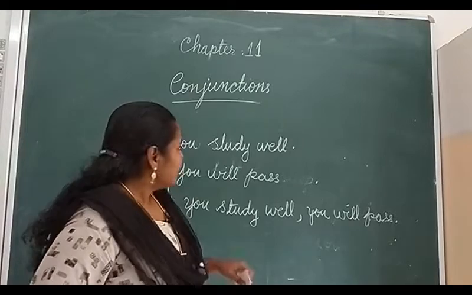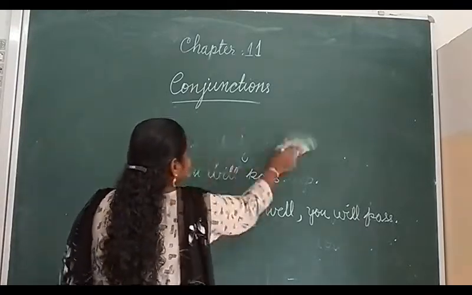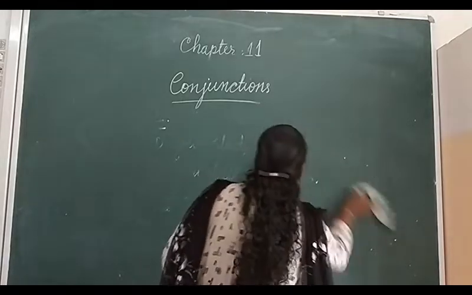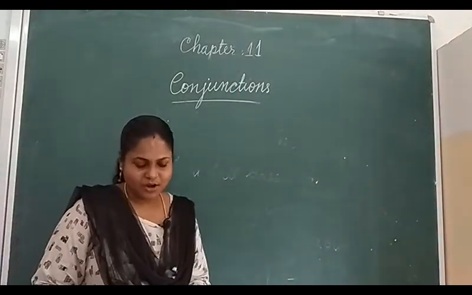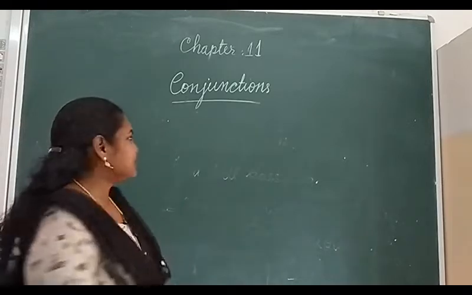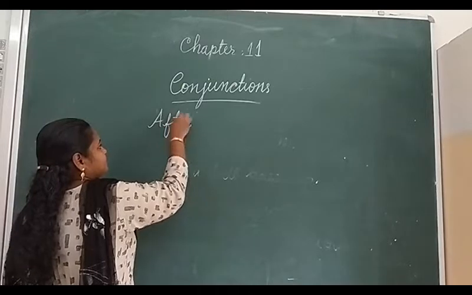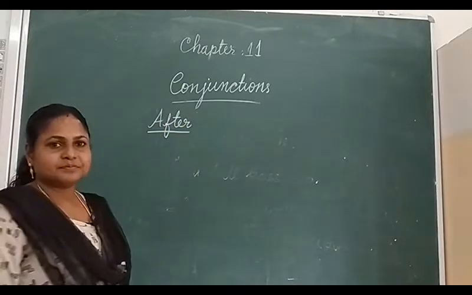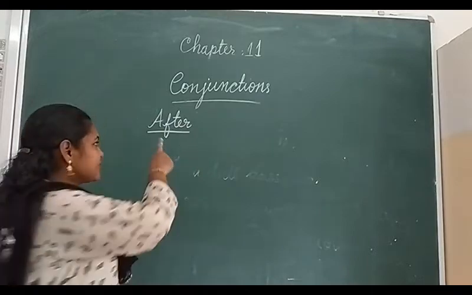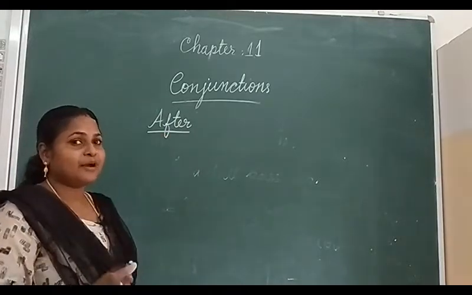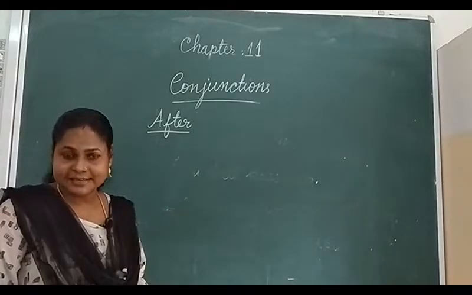Okay, now let's go to the next conjunction that we place in the beginning of the sentence. Okay, that is after. We can join two sentences using this conjunction after, but we have to place this conjunction in the beginning of the sentence. Okay.